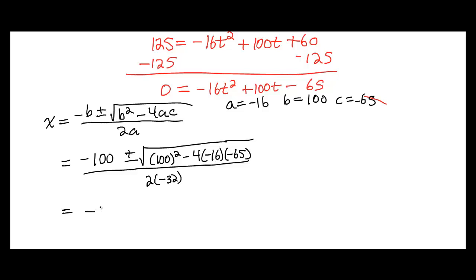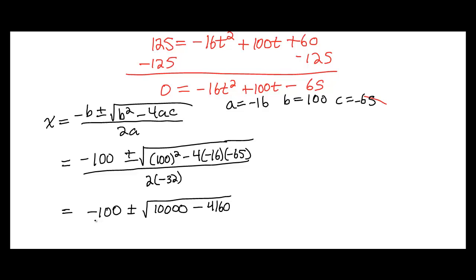So we get negative 100 plus or minus, and the rest is just simplifying. 100 squared is the same thing as 10,000. And if I take 4 times negative 16 times negative 65, and put that negative with the 4, I'm going to end up with a negative 4160. That's the same thing as 64 times 65.